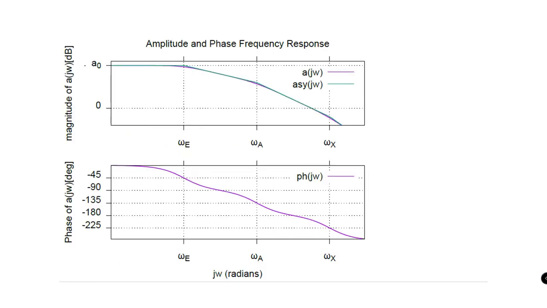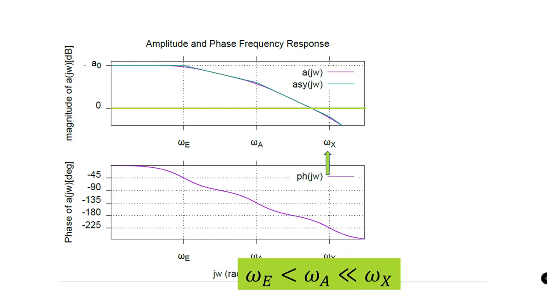So the same is reflected in this frequency response plot. Note that the pole omega X is much farther away from the origin, and the gain at omega X is less than 0 dB, which gives us the conclusion that it is enough to consider only the omega E and omega A poles for our further analysis.